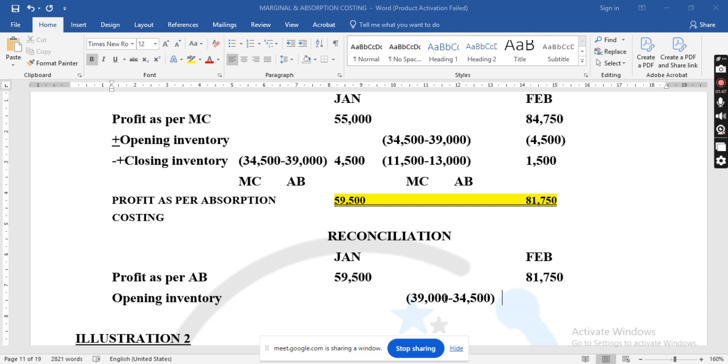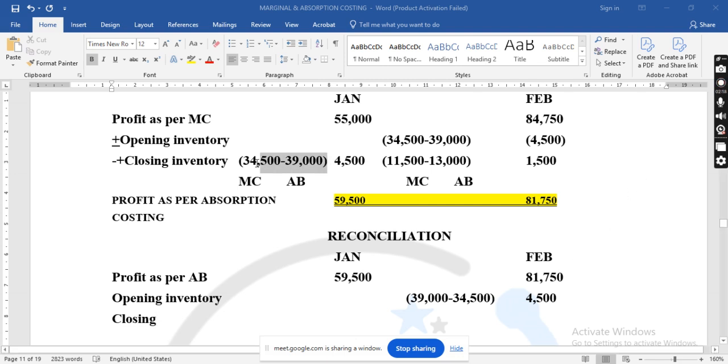But if it is lesser, you subtract the difference. Looking at this now, the opening inventory of absorption is 39,000. It's greater than the one of marginal costing, so you add the difference. The difference is 4,500.